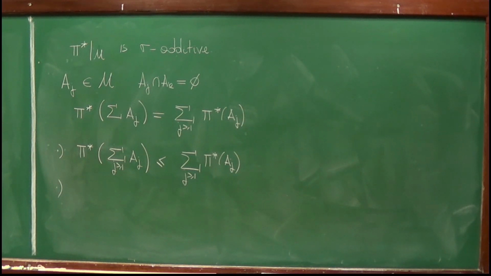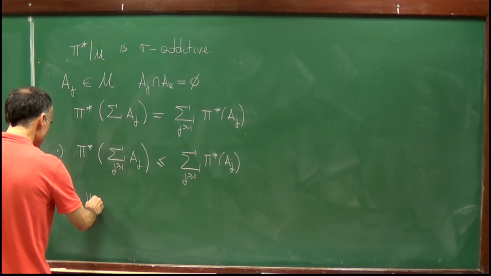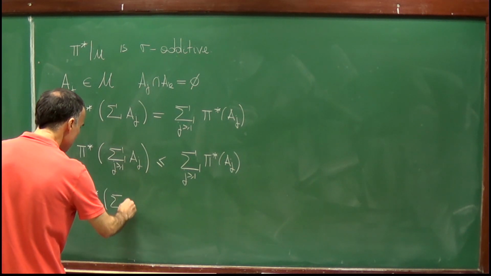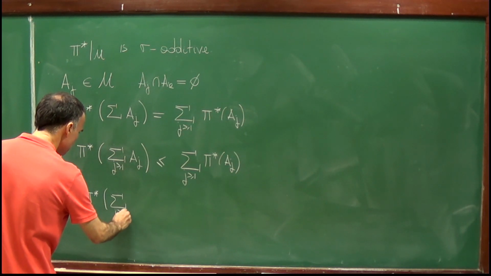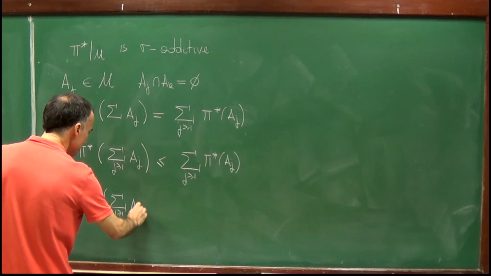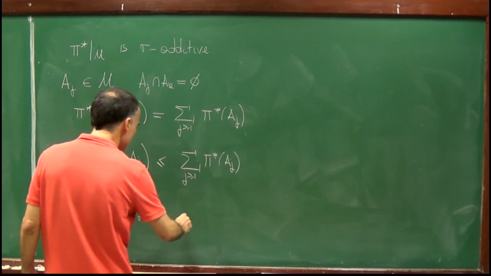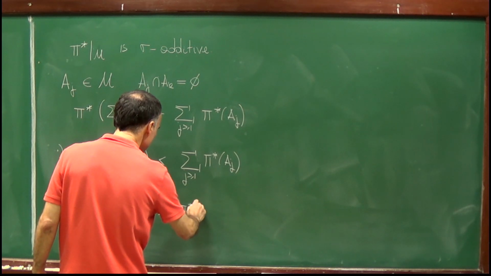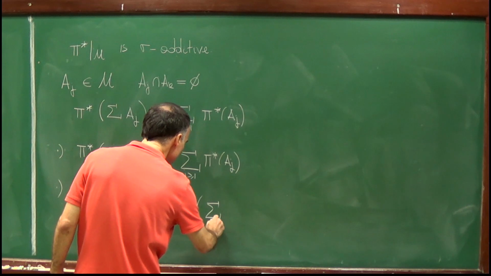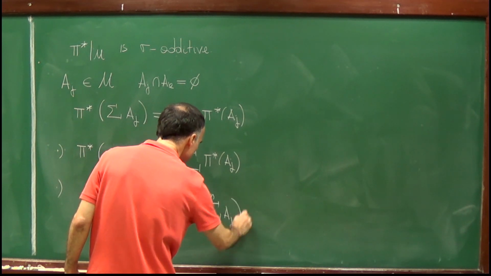For that, we will first use that P star is monotone. This means that P star of the countable union of these sets is greater than or equal to P star of the union from 1 to n of Aj.